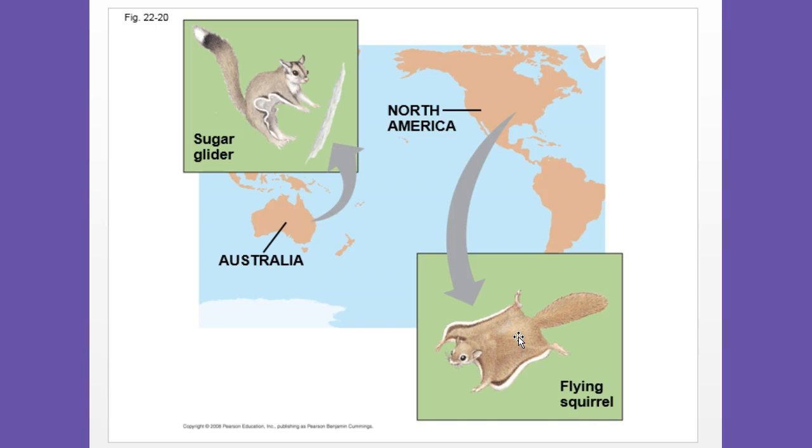The sugar glider is a marsupial mammal that evolved in isolation on the island continent of Australia. Although sugar gliders superficially resemble the flying squirrels of North America, the ability to glide through the air evolved independently in these two distantly related groups of mammals. So they share no common ancestor because they evolved completely independently of each other, but they do share common features based on a need in their environment.